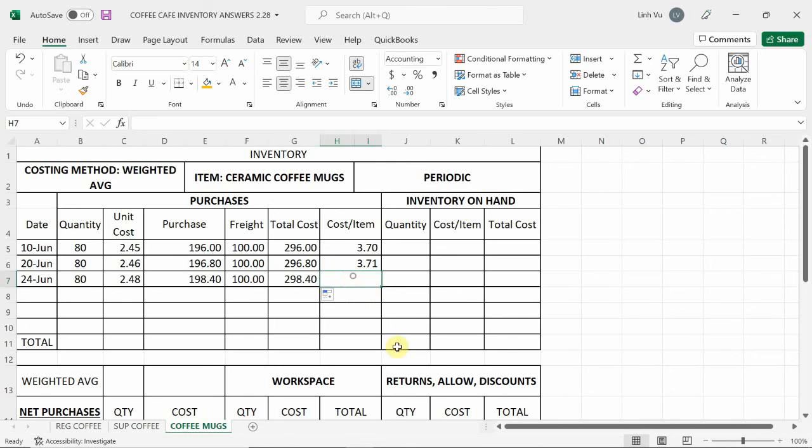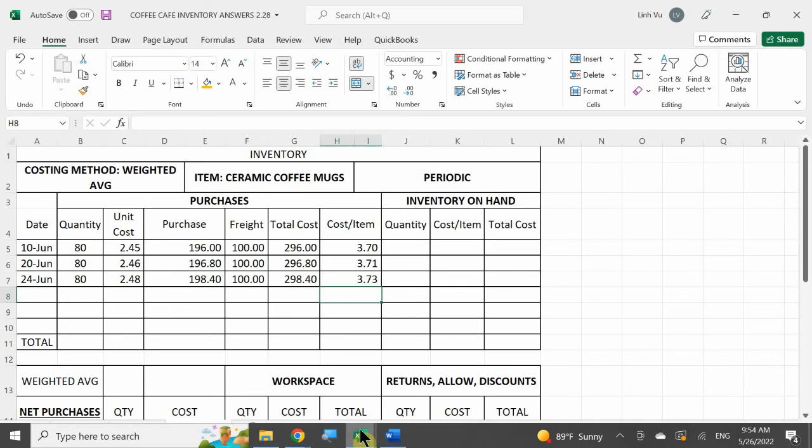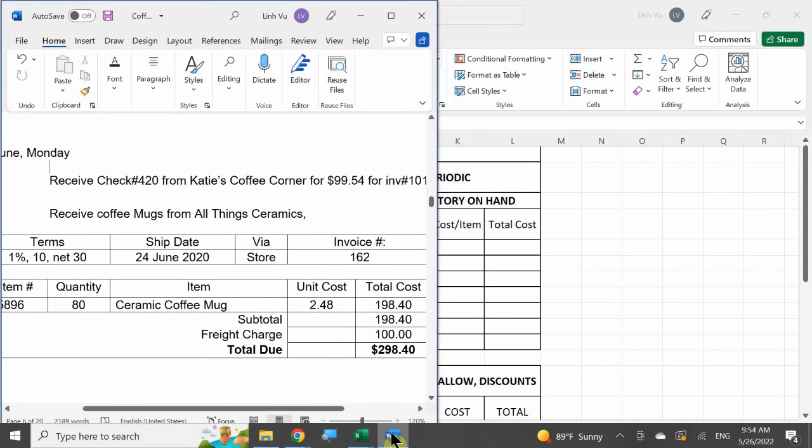Oh, per item. Yeah, it has to be all of it, including the freight as well. $3.73. Okay. All right.